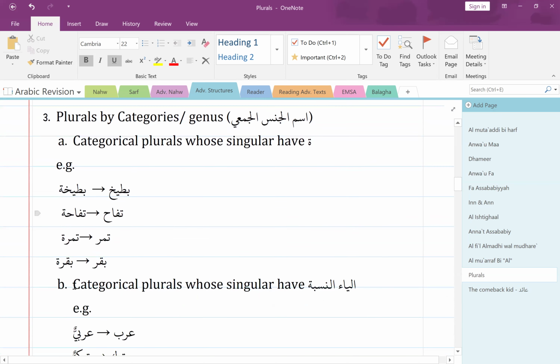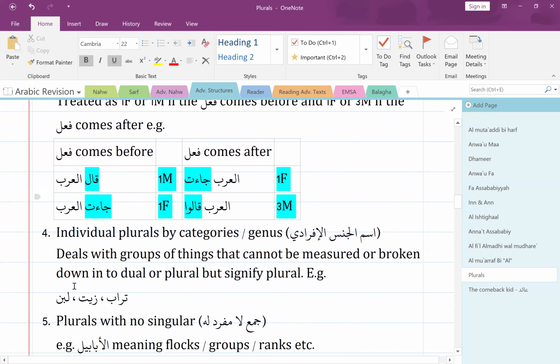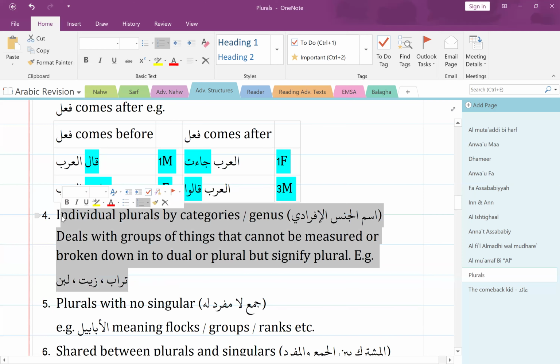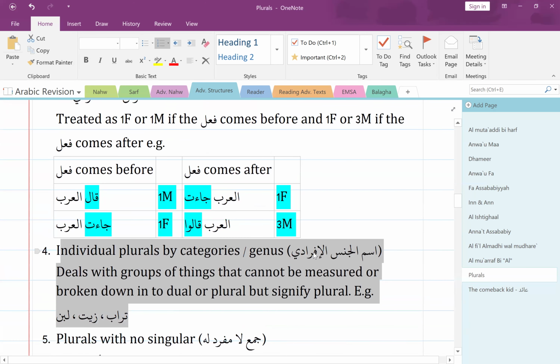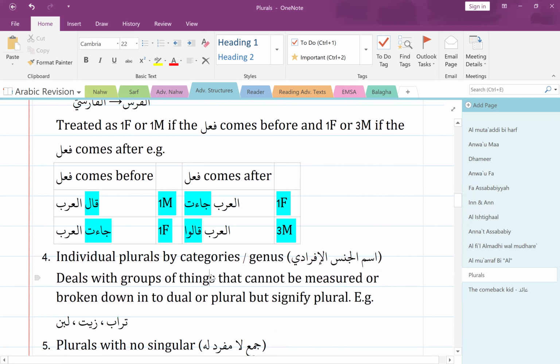All right. Now there's one category I added here after looking at some books. It's a very easy category, so I added this, and this is ismul jins al-ifradi, individual plurals by categories. Now this idea is just that you cannot break this thing further. For example, turab, sand or soil.